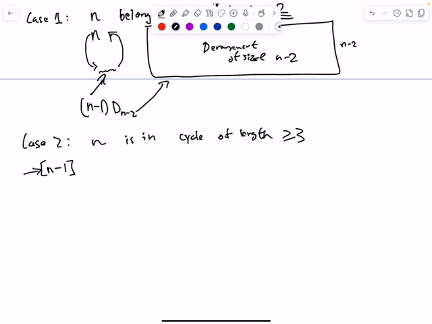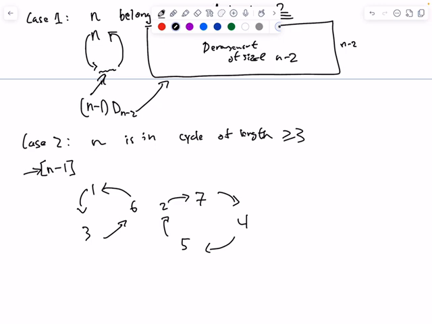So in its cycle representation, it may look something like this: some arbitrary collection of cycles representing a derangement of n minus 1. And the key is that in a derangement, every cycle has length at least 2, because we have no fixed points.